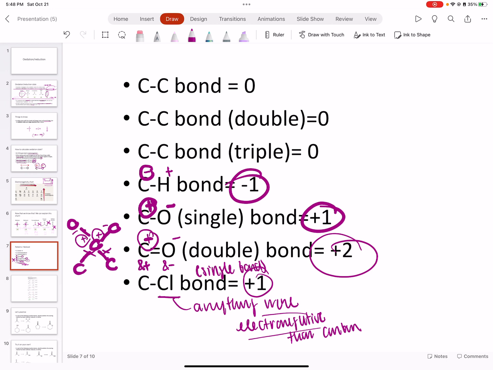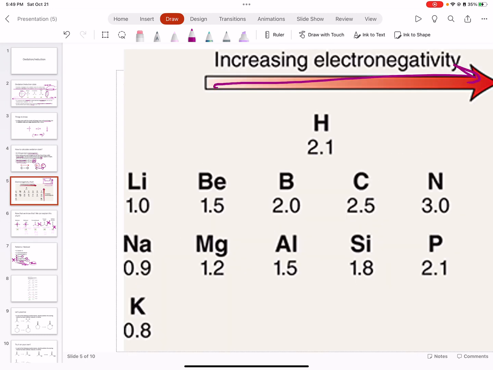And of course, if there was a situation where it was bonded to something less electronegative, like, per se, if we look at our chart, let's say carbon and a lithium.